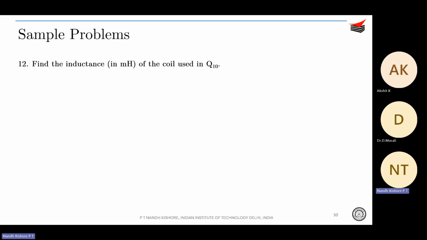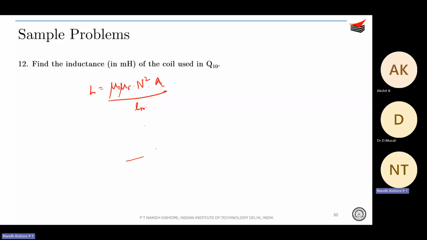So the next question is: find the inductance of the coil used in question 10. You would know that L is equal to mu naught mu R into N square into AC divided by LM.